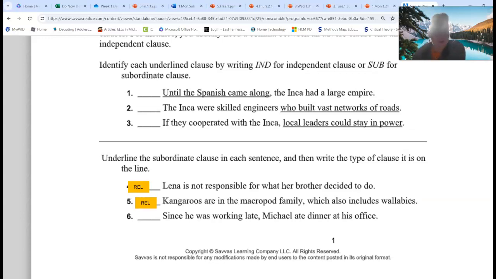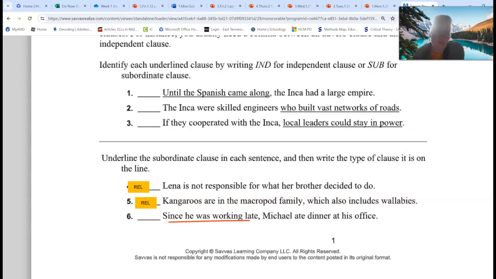All right. Number 6. Since he was working late, Michael ate dinner at his office. So where is my complete thought? Michael ate dinner at the office. Okay. So right here is our dependent clause.